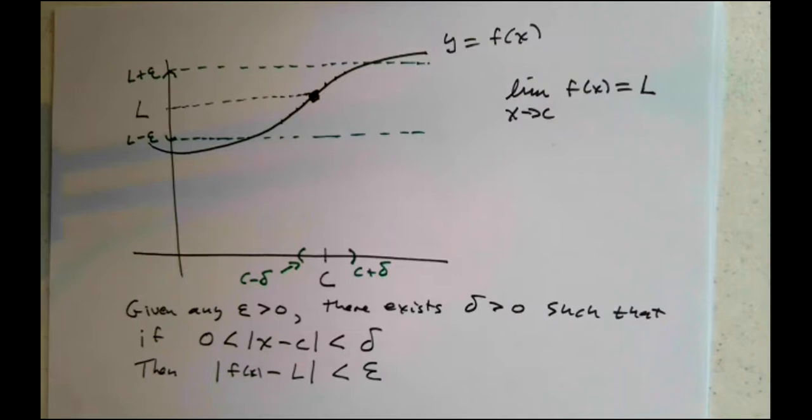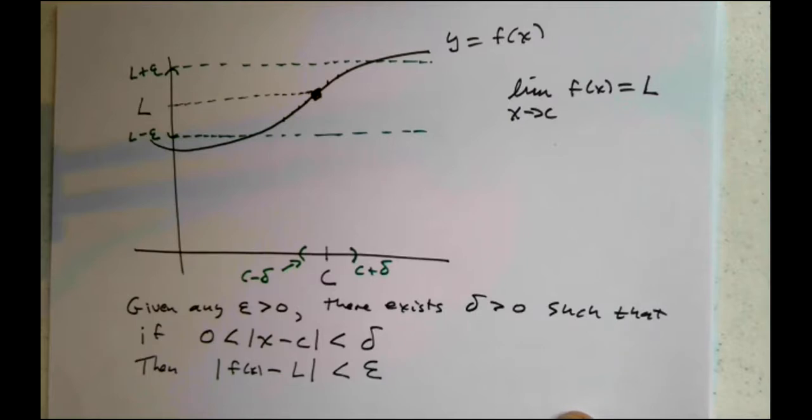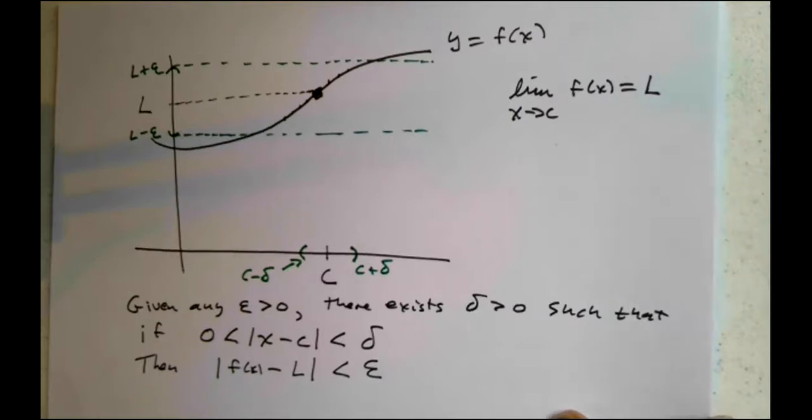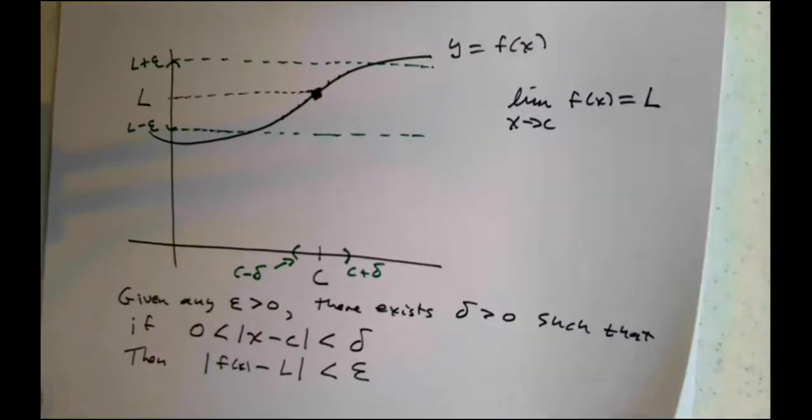So let me go ahead and see if we can find a delta for a given epsilon. So let's take a look at f of x equals x squared. We're going to look at the limit as x approaches 2. So f of x equals x squared.